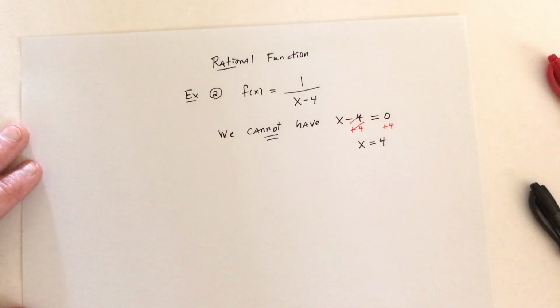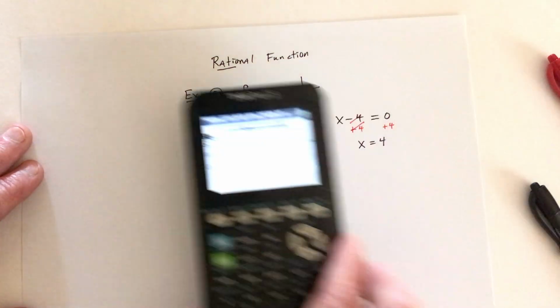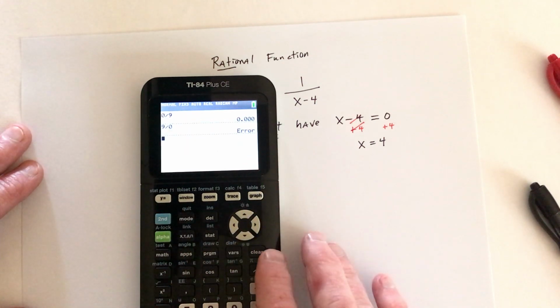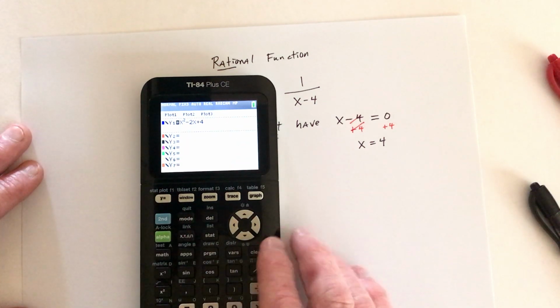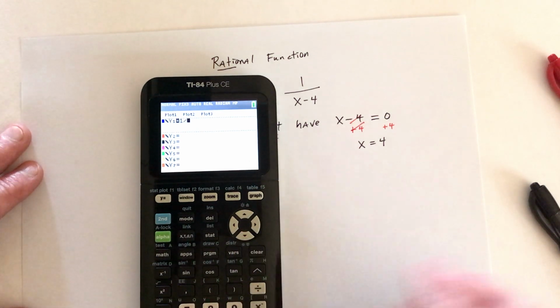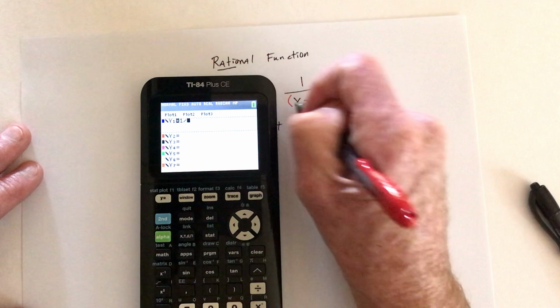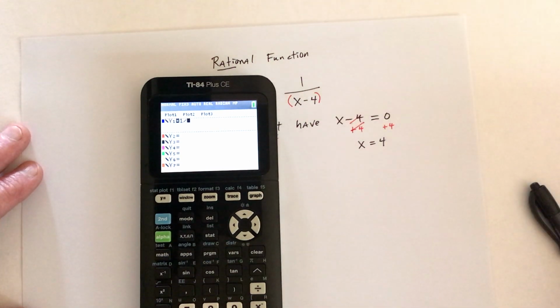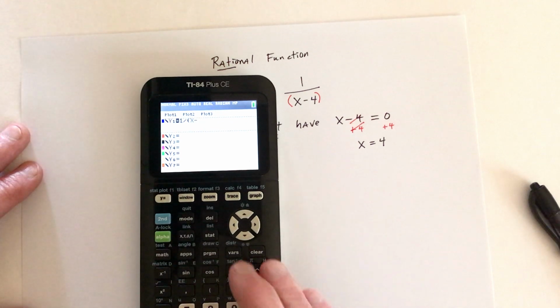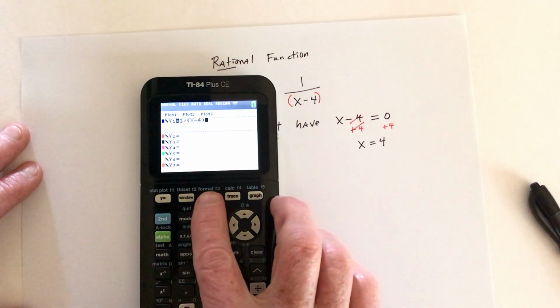And watch what happens to the graph. So put second quit to get rid of that, and then go to y equals and clear out the old problem, and then 1 divided by, and the calculator needs to know that all of this is in the denominator, so I need to put parentheses, x minus 4. And then go to the graph.